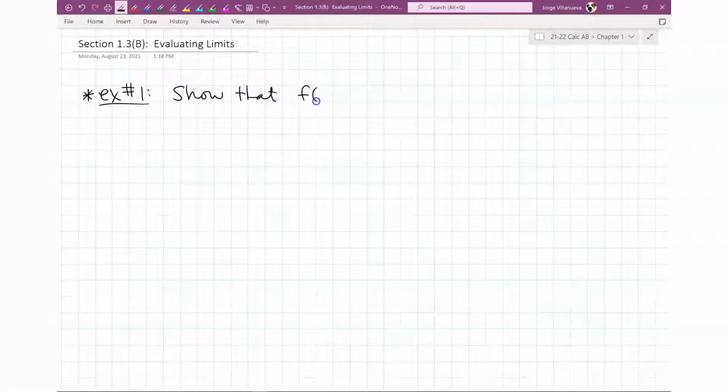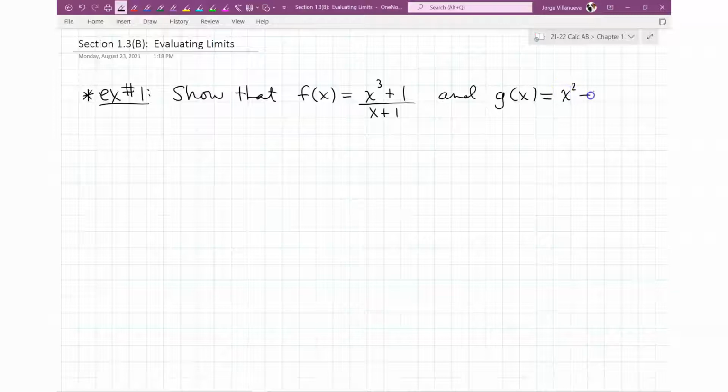f of x, which is equal to x cubed plus 1 over x plus 1, and g of x, which is x squared minus x plus 1, have the same values for all x other than at x equal to negative 1.